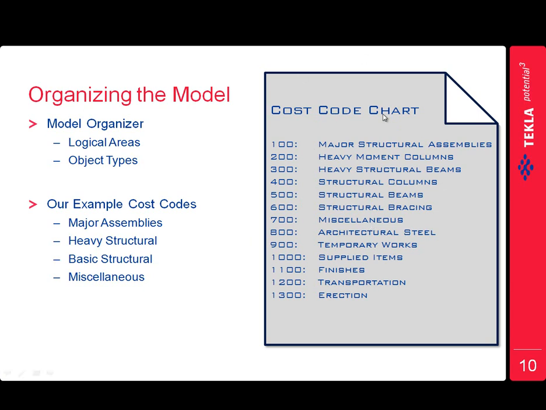So for major structural assemblies, it's going to cost this much to fabricate, as opposed to just simple beams and bracing. We'll go into the model and create these sample cost codes, and we'll put the different steel into those so that the model is organized based upon these. That way we can quickly generate our estimates and assign dollar values to these specific things.